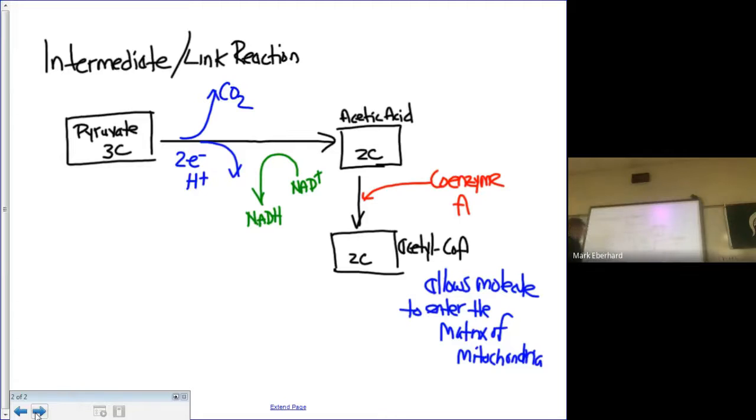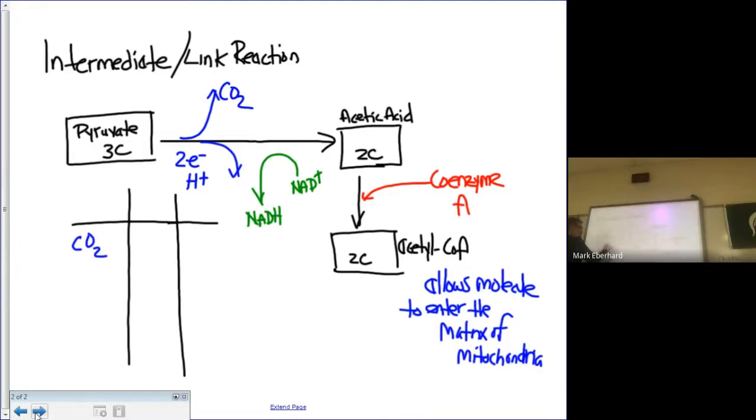So if we do an accounting here, in this case, carbon dioxide, I'm going to do it a little bit differently here. We'll put per pyruvate. So how much do we make for each pyruvate? And I'm going to put per glucose. Is that making sense?